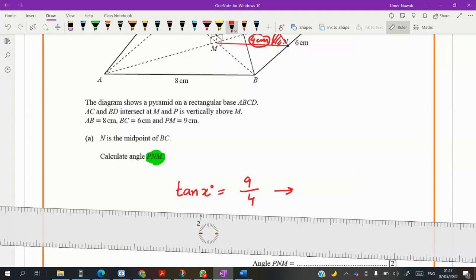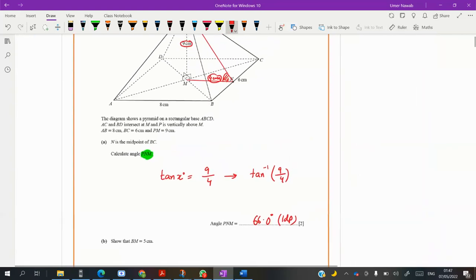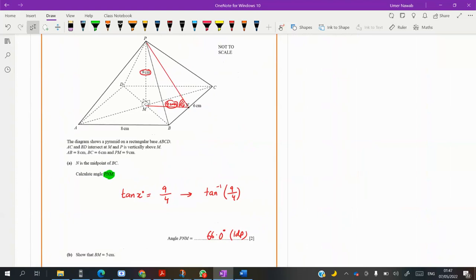So I'm going to write shift tan of 9 over 4, and shift tan of 9 over 4 will give us 66.0 degrees to 1 decimal place. So the first part was simple. There is no objection on it. Now let me erase.